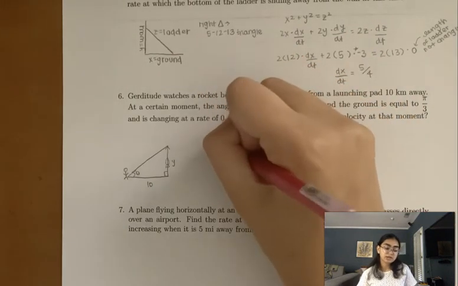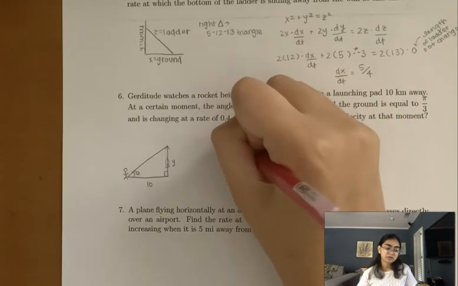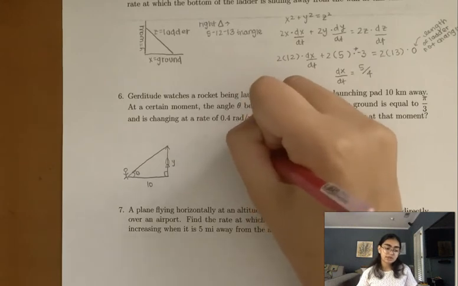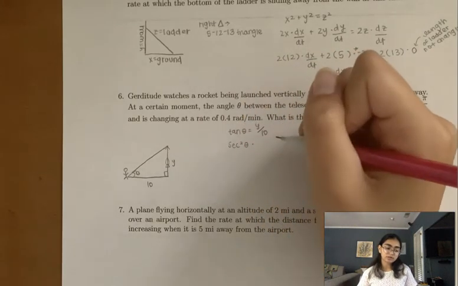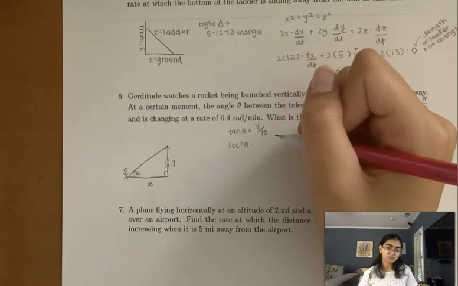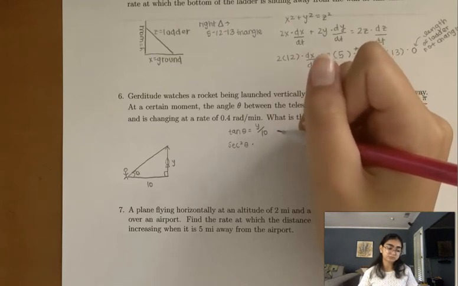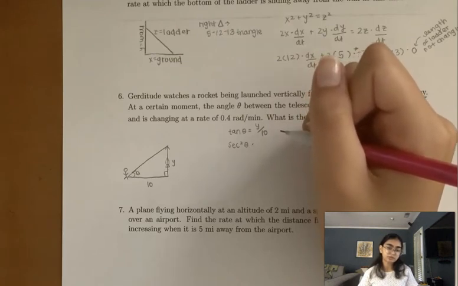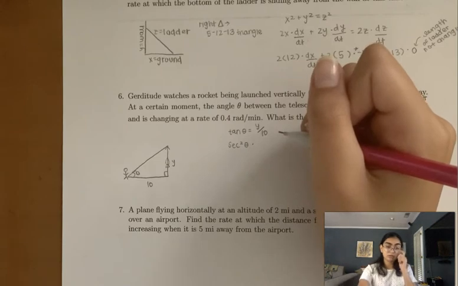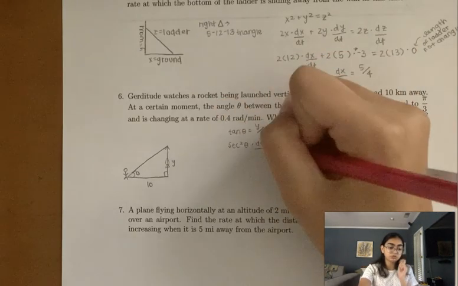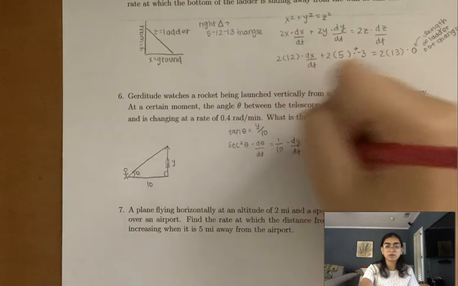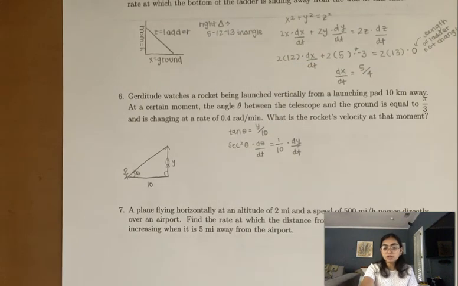Now we're going to take the derivative of both sides. The derivative of tangent theta is secant squared theta times d theta over dt. That's the derivative of theta. And that's going to be equal to 1/10 times dy over dt. I did not do the quotient rule for y over 10. I just took out a 1/10 and then took the derivative of y.